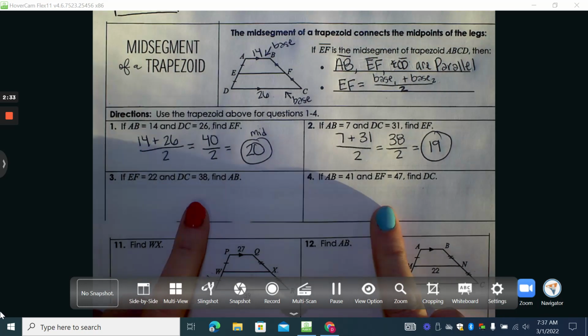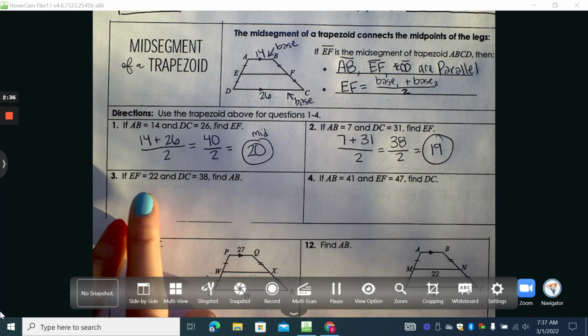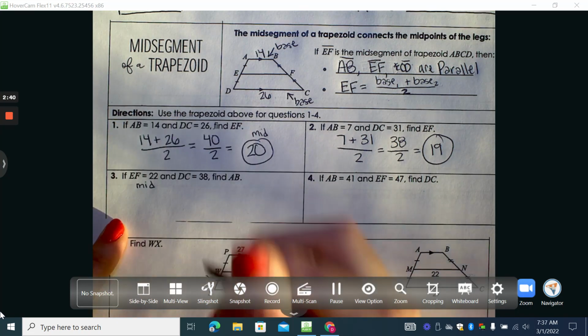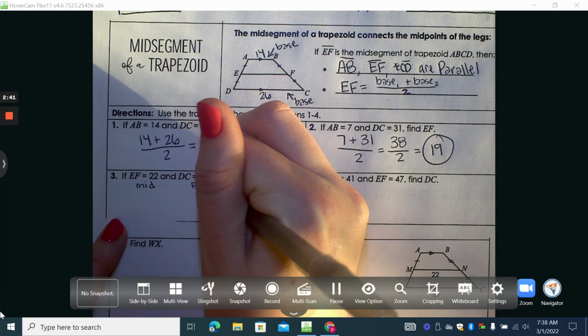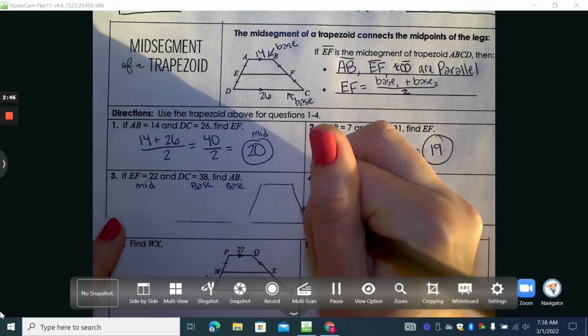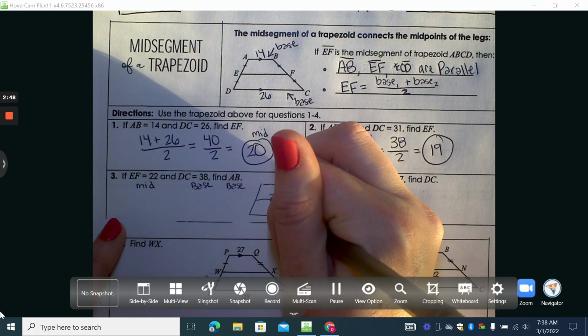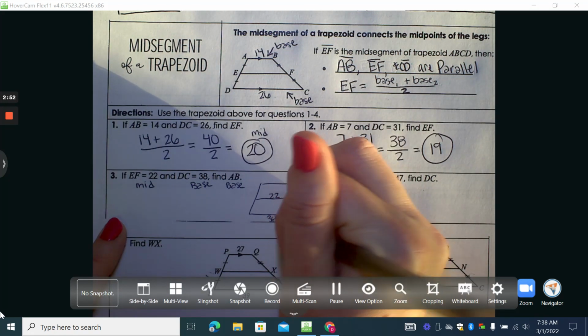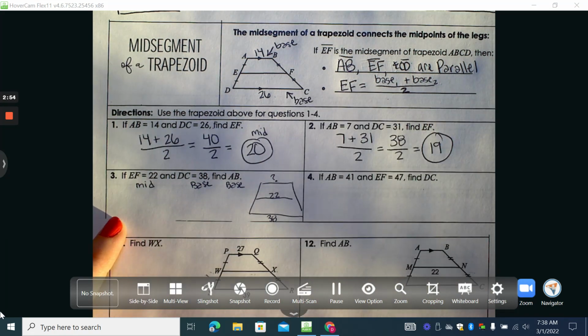Now 3 and 4 are a little bit different. They give us the mid-segment. EF is my middle, and DC is a base, and AB is a base. So if I were to draw that trapezoid, 22 is in the middle here, and it gives me the bottom base, but I don't know the base at the top.